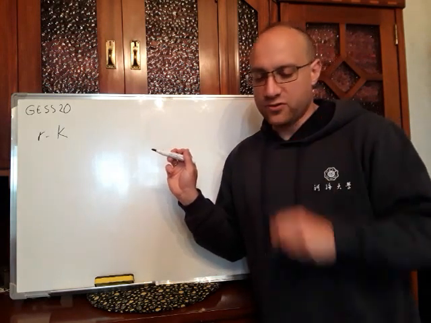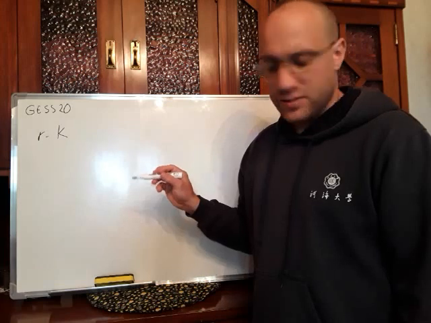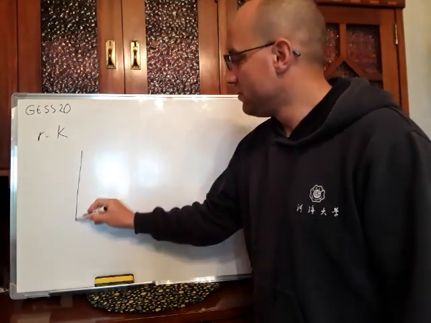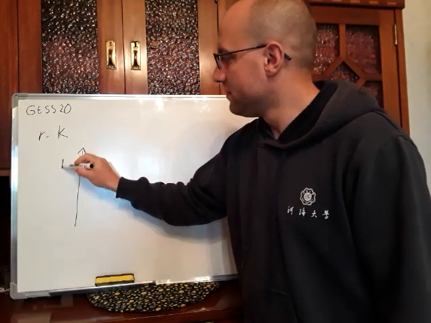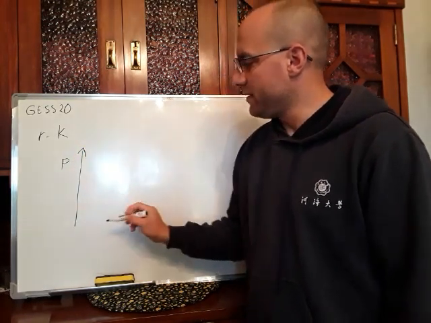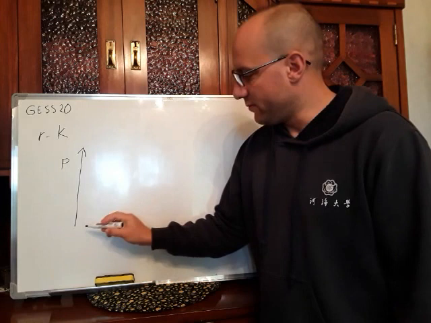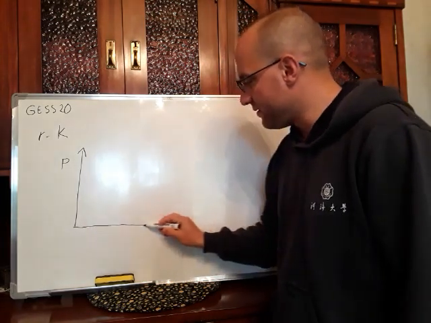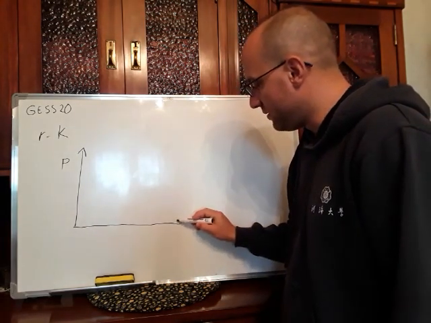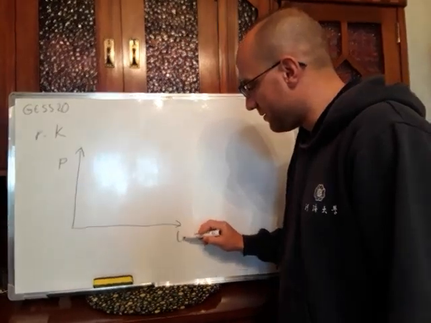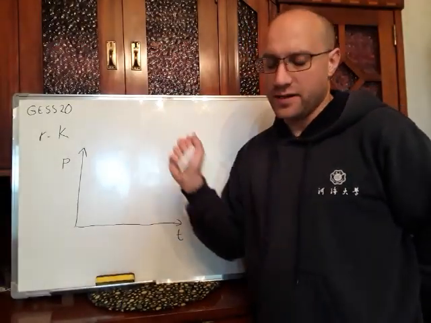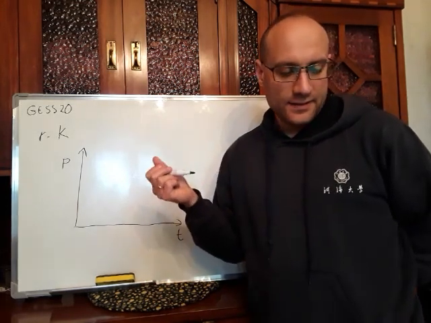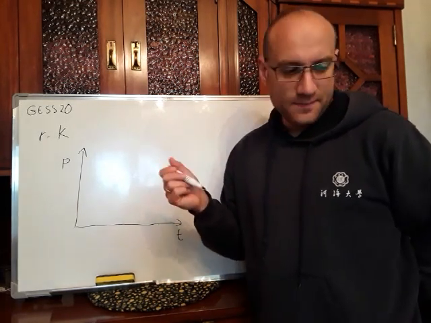And there was a chart here which was about population size. I put here P, population size, and then there was time, more or less usual in our kind of chart here. And we said that there are going to be R and K selected species.